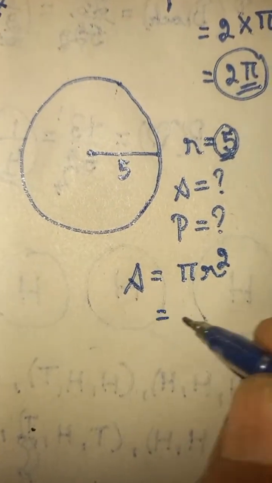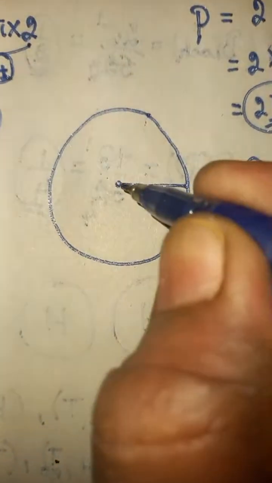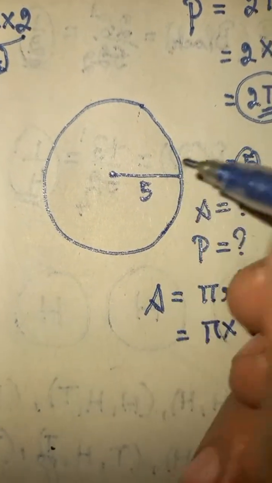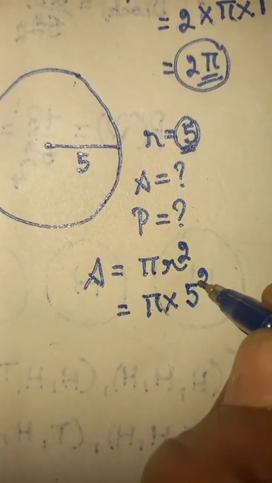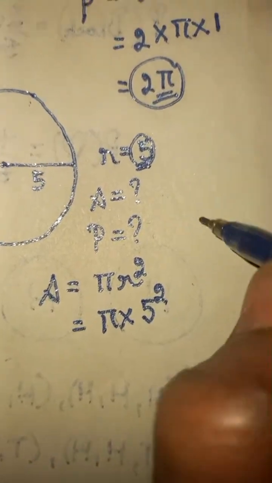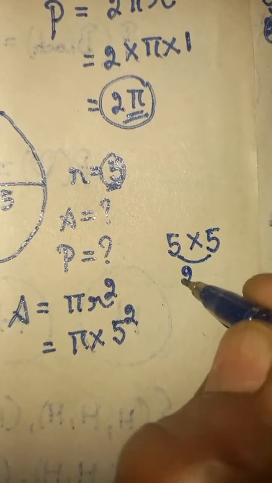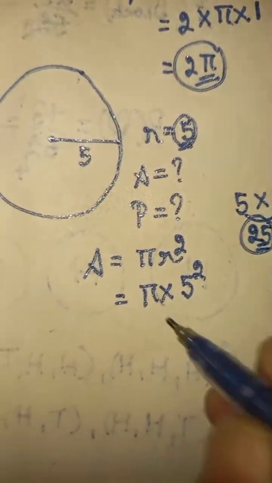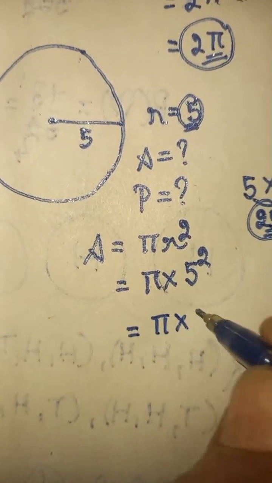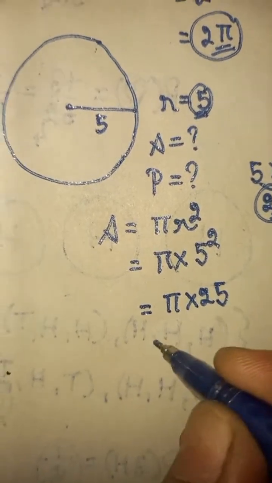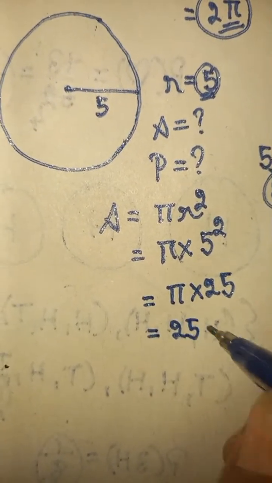That means it becomes pi times the radius, which is 5 units, so it is pi times 5 square. 5 square means 5 times 5. 5 times 5 is 25. So this becomes pi times 25, or it can be written as 25 pi.